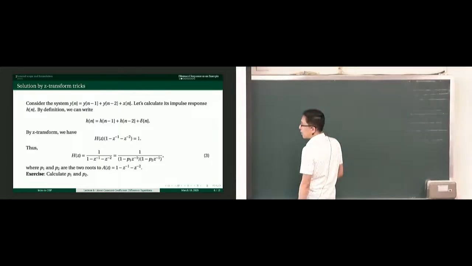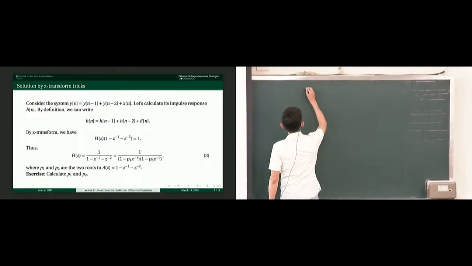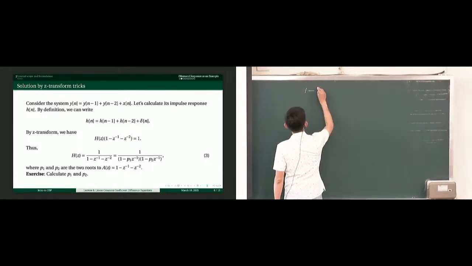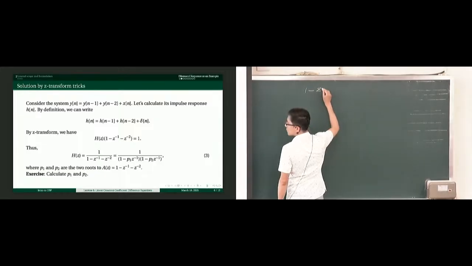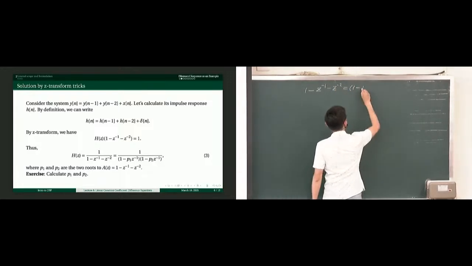Basically, we have 1 minus z^-1 minus z^-2 equals 0. This is my notation. Let me just copy it.